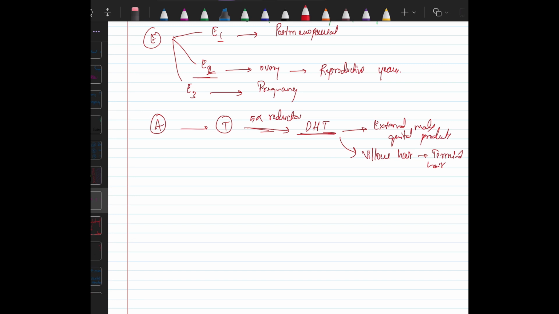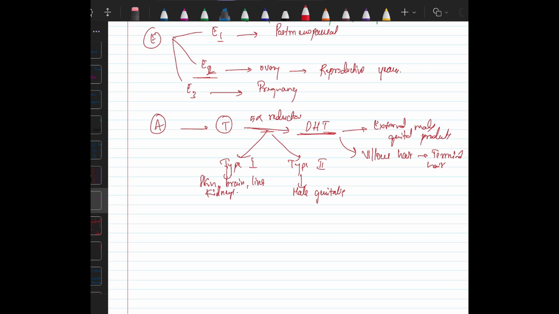Again, this enzyme is of two types, type 1 and type 2. Type 2 is mainly in your male genitalia. Type 1 is expressed in your skin, brain, liver and kidneys.